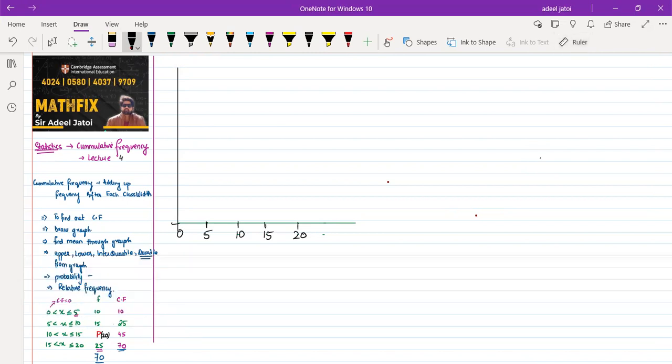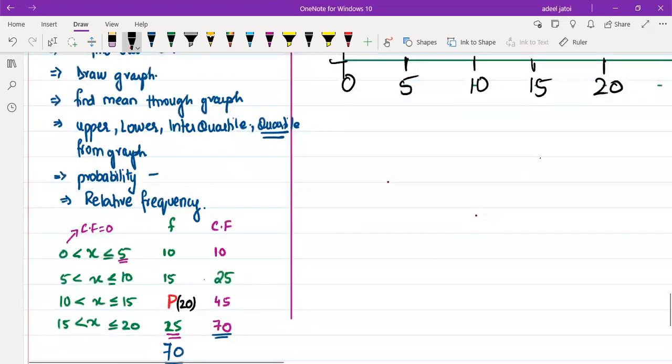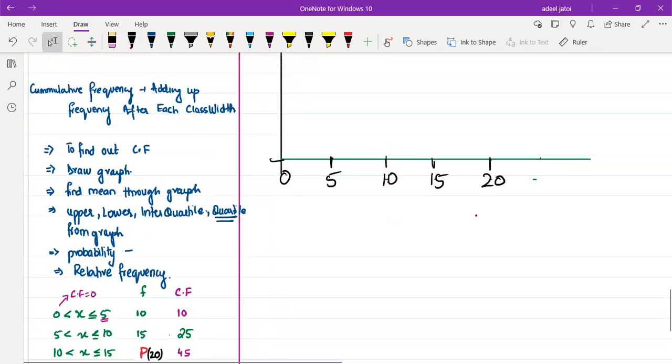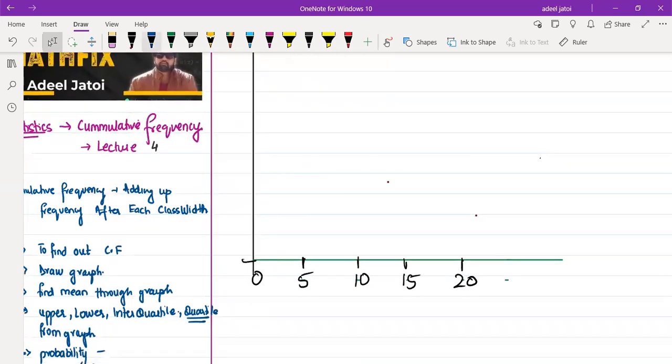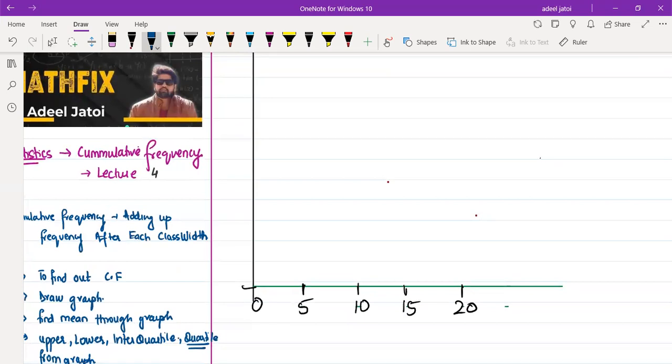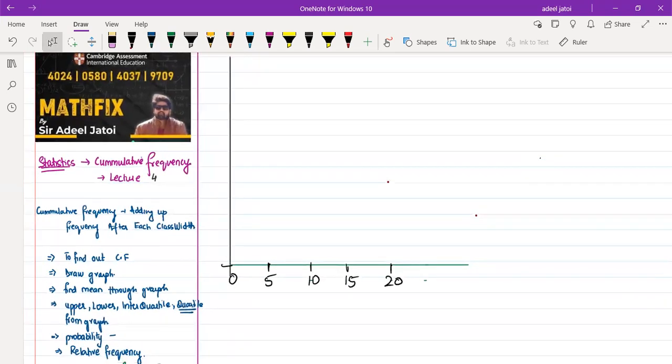And the maximum frequency that we have is 70. The grid can be given to you, or you'll be asked to draw it according to the question, or if the question is silent, you can make your own grid. So this is 10, 20, 30, 40, 50, 60, and 70.